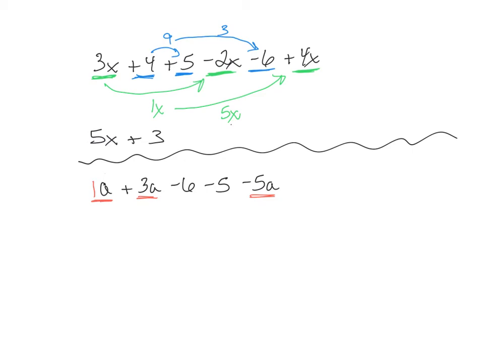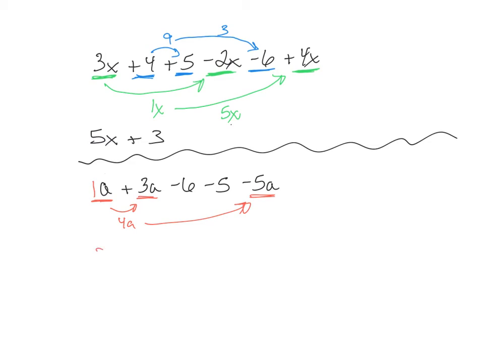So a and 3a, that's 4a. 4 minus 5. If we use the rule, a negative and a positive means I subtract. 5 minus 4 is 1.